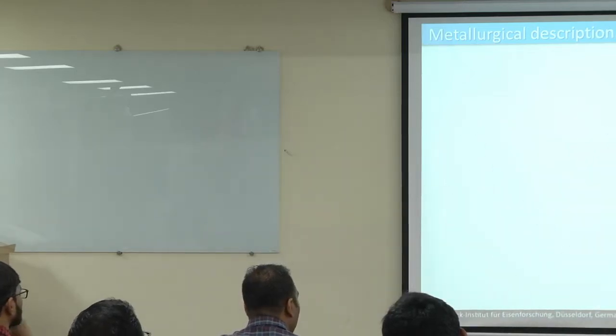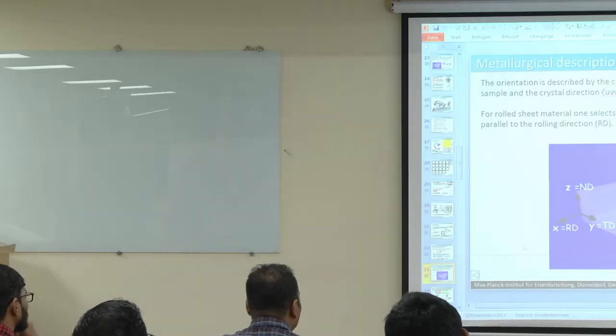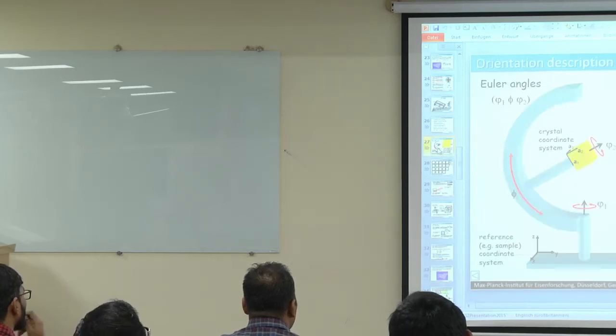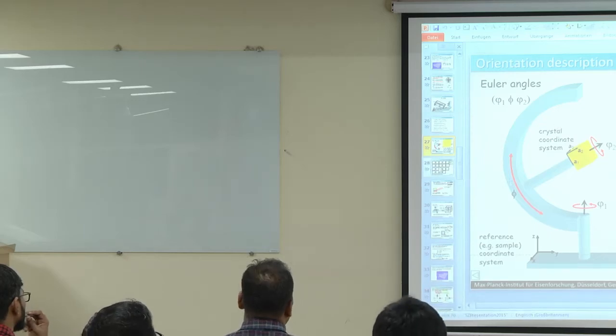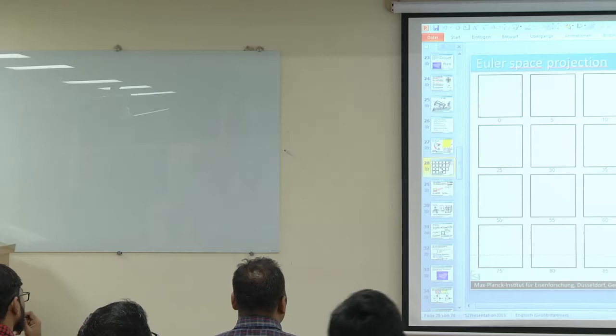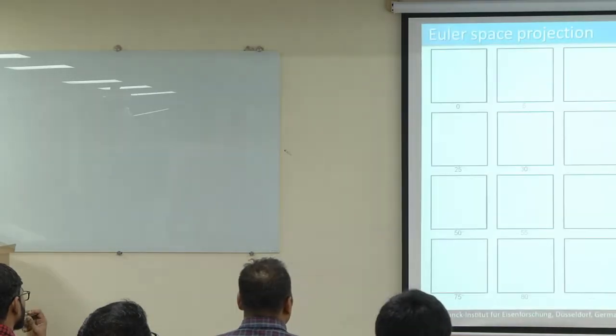Just to remind you of the last slide, that was more or less this one here, introducing what the Euler space is and showing you how to use Euler space to display orientations.